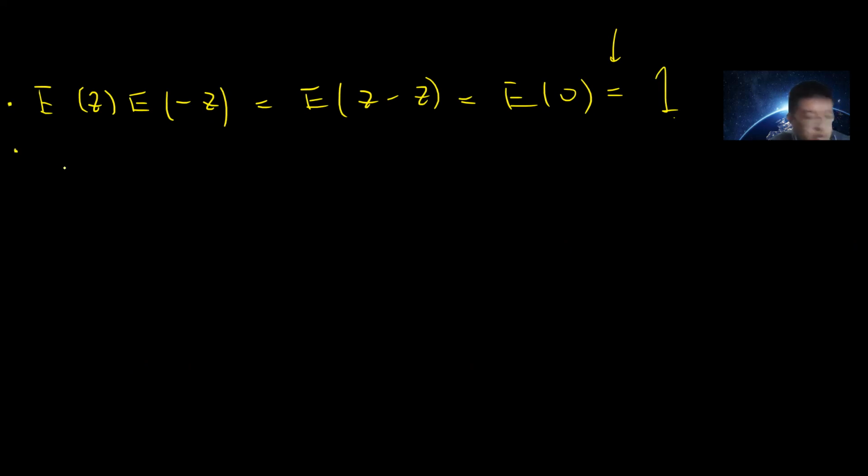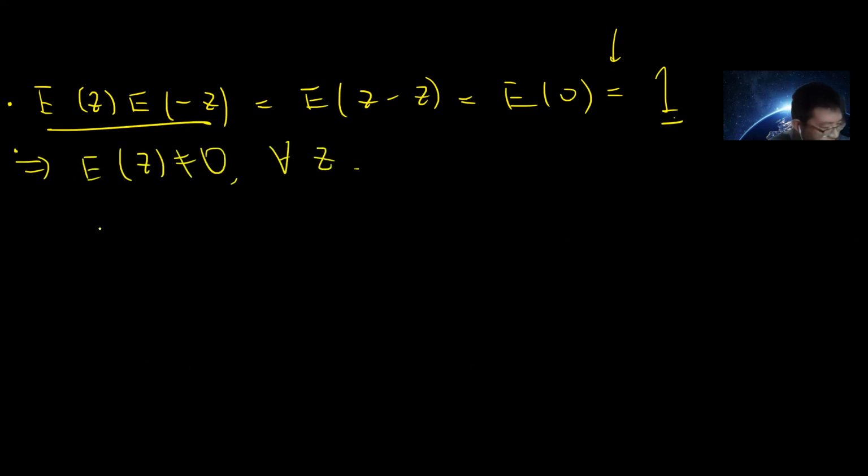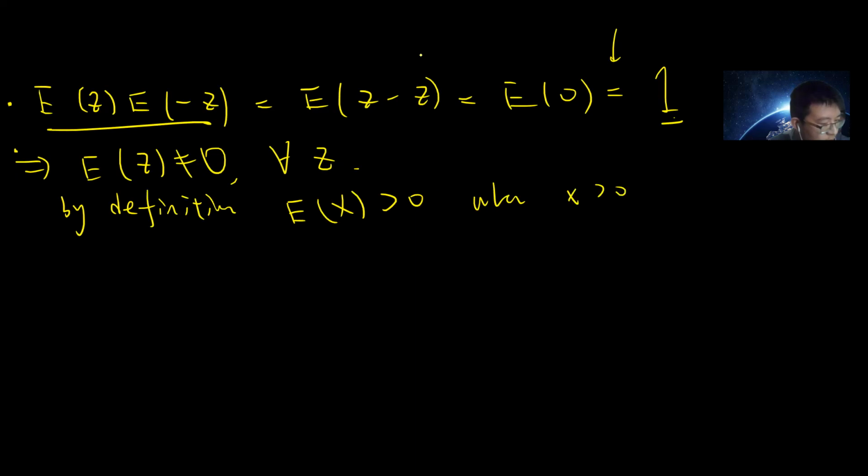Moreover, you can prove the derivative. By the way, this property shows that e of z is non-zero for all z. Also by definition, e of x is greater than 0 when x is greater than 0, and obviously e of x goes to infinity as x goes to infinity.